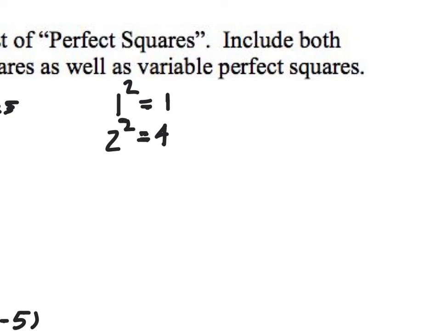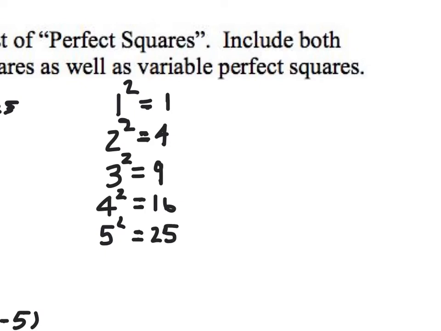If I do 3 squared, that's going to give me 9. 4 squared is going to give me 16. 5 squared is equal to 25. 6 squared is equal to 36. 7 squared is equal to 49.